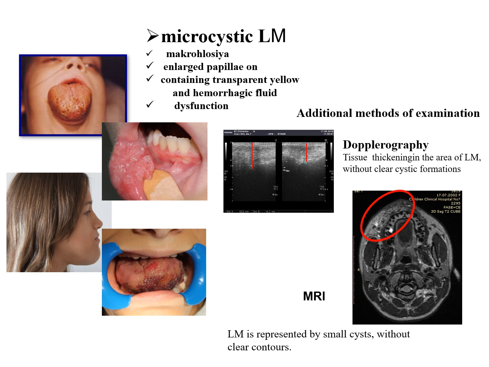Among additional methods, we use Dopplerography. In Dopplerography, we will see tissue thickening of the area of lymphatic malformation without clear cystic formation. Also, in this type, we use MRI. In MRI, we will clearly see the presence of small cysts without clear contours.